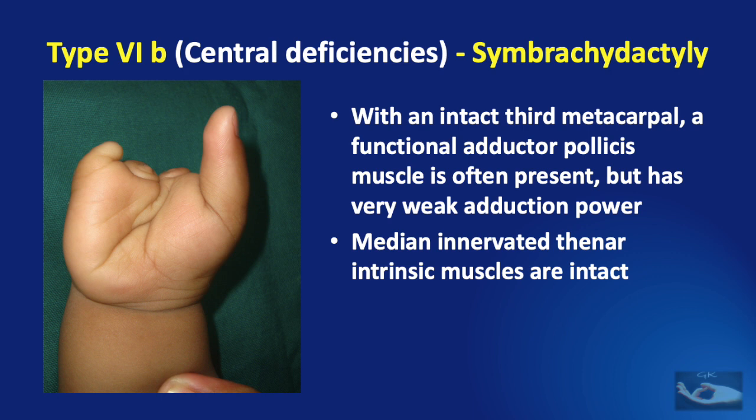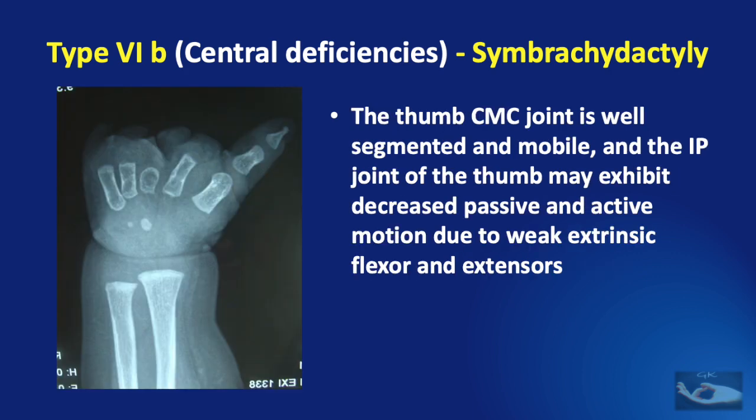The median nerve innervated thenar intrinsic muscles are intact. The thumb CMC joint is well segmented and mobile, and the interphalangeal joint of the thumb may exhibit decreased passive and active motion due to weak extrinsic flexors and extensors.